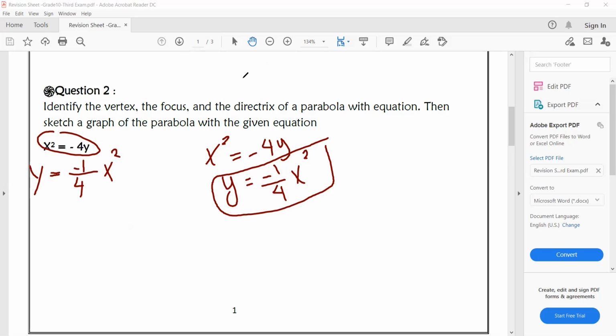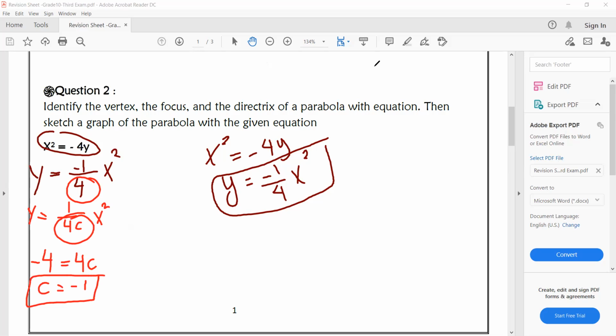Let's find the c now. The standard form was y equal 1 over 4c x squared. So 4c equals negative 4, so c here is negative 1. This is now the value of c.